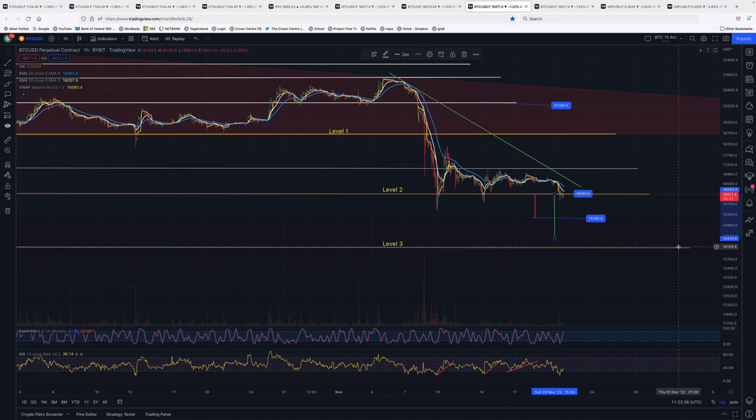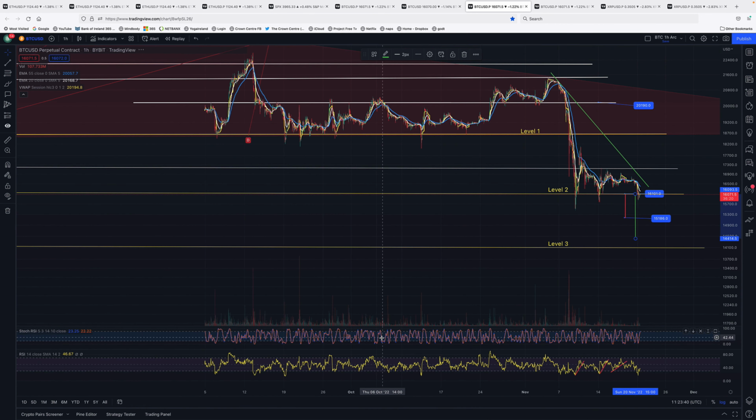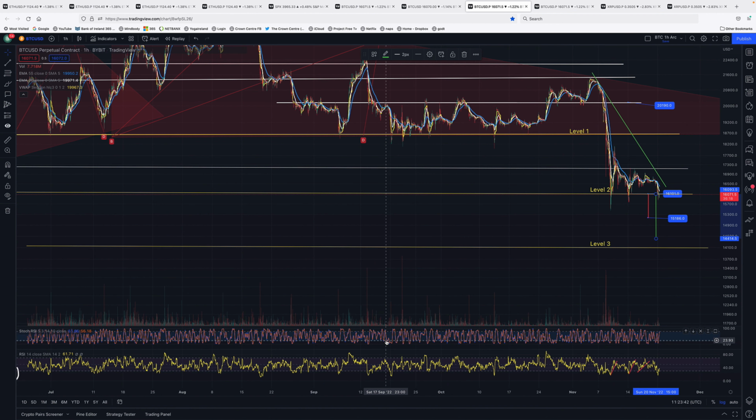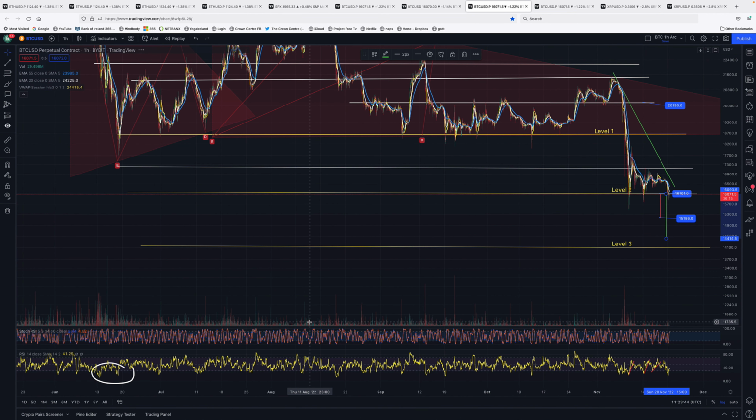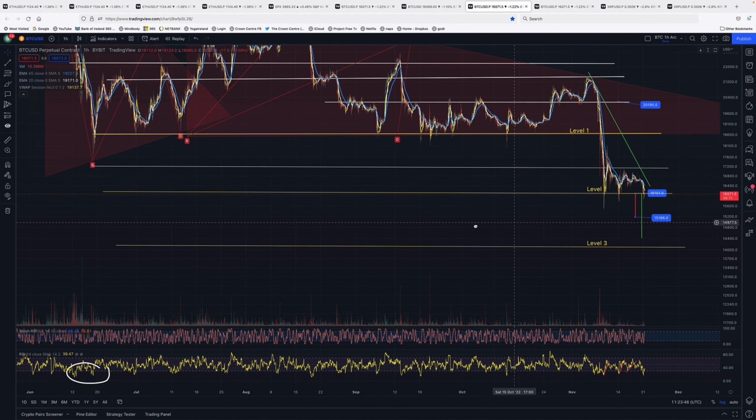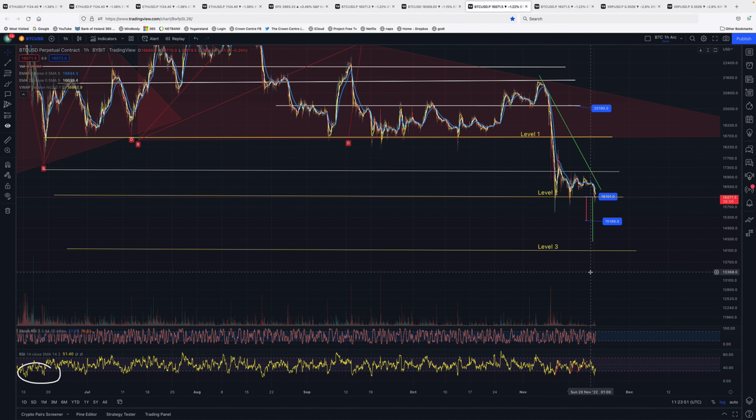But I would go as low as level 3, which is 14,200. So these would be the immediate levels on the hourly, and that would be how I see the steps down.